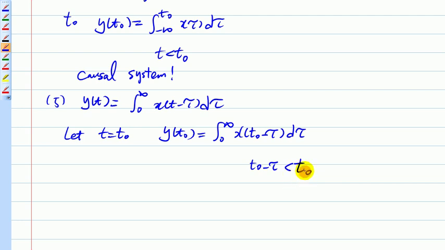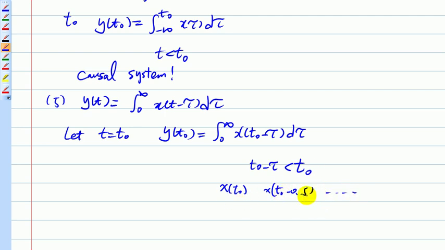Less than t naught, and that basically says the integrand here is a summation of many instants, but all of them, let's see, x of t naught when tau equals 0, and maybe also x of t naught minus 0.5, and all those things here.